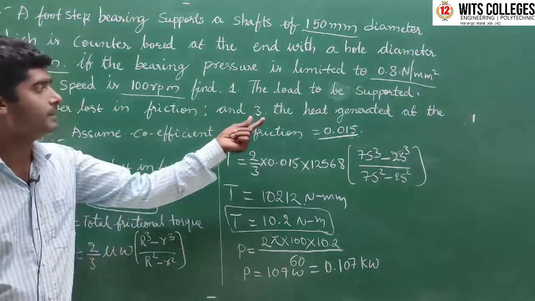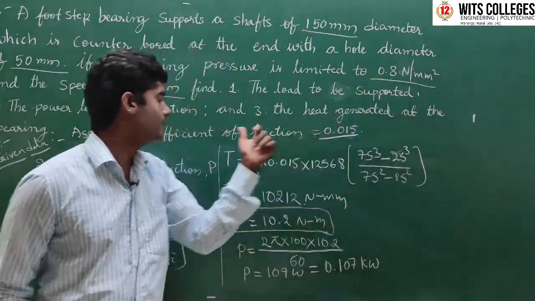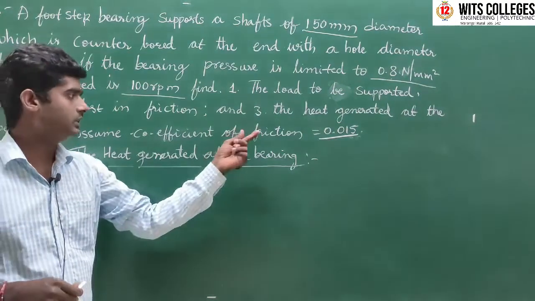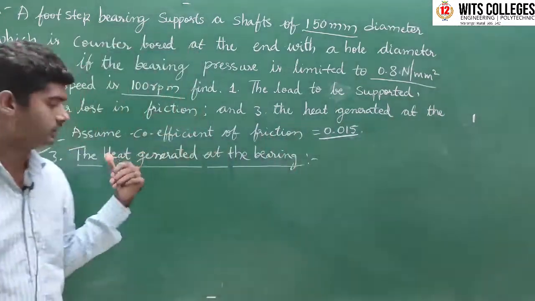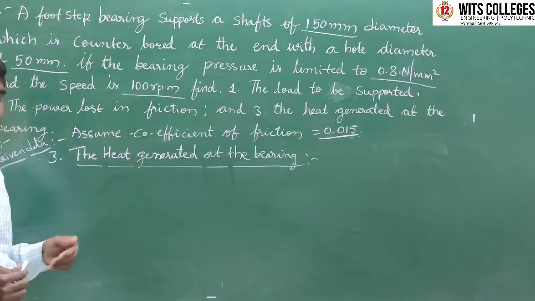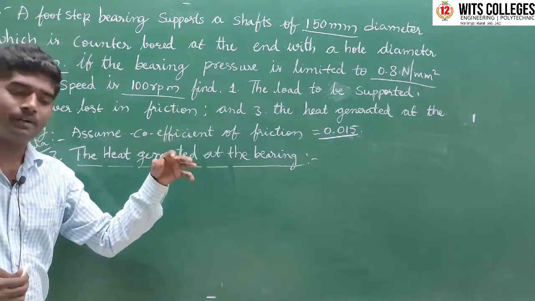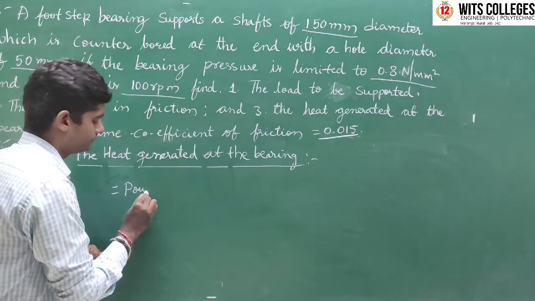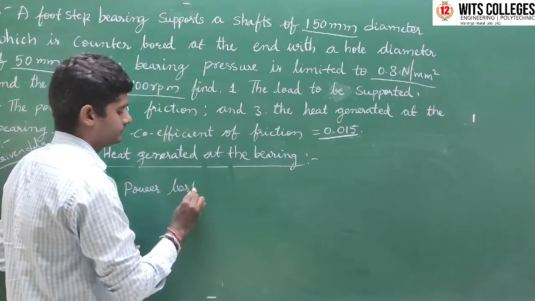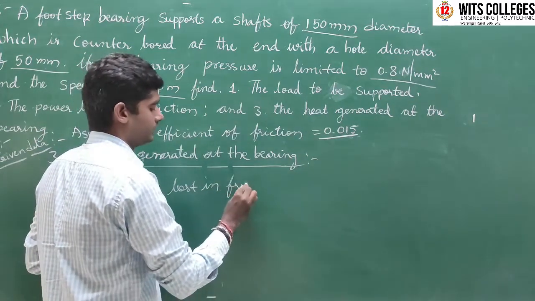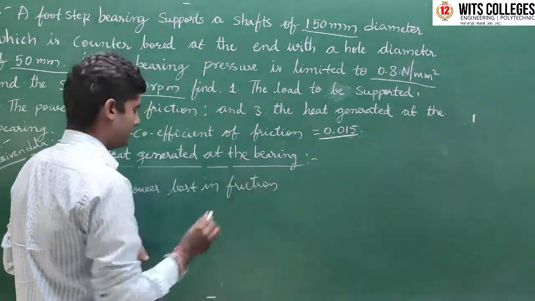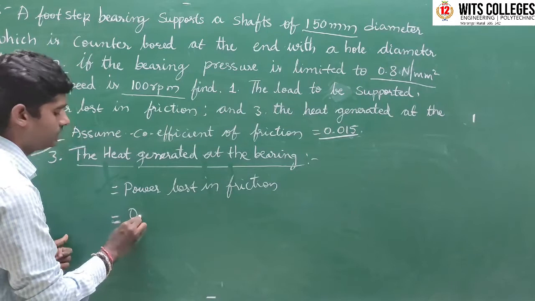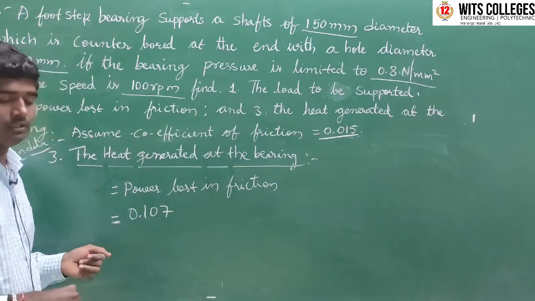This is the second answer. Next, the third one, the heat generated at the bearing. The heat generated at the bearing is equal to the power lost in friction, which in our problem is 0.107 kilowatts.